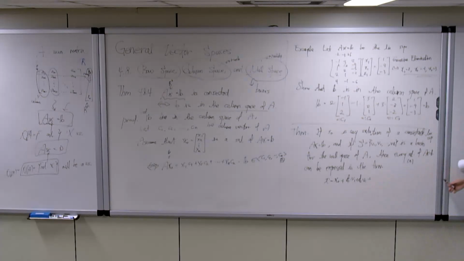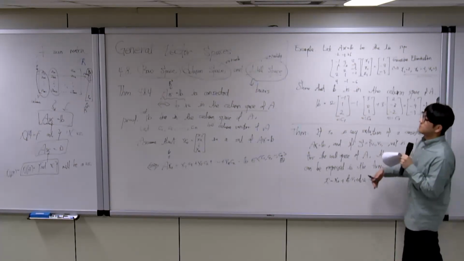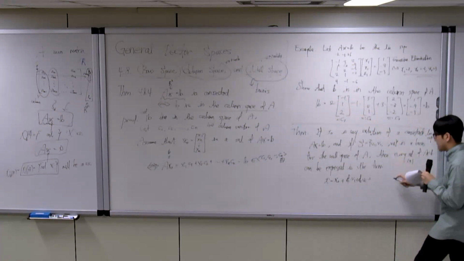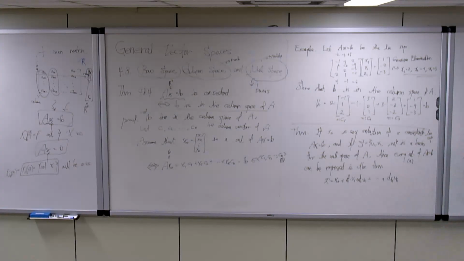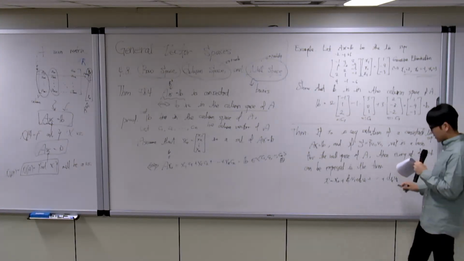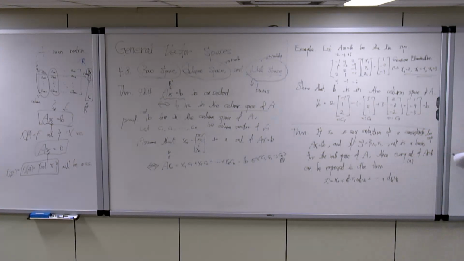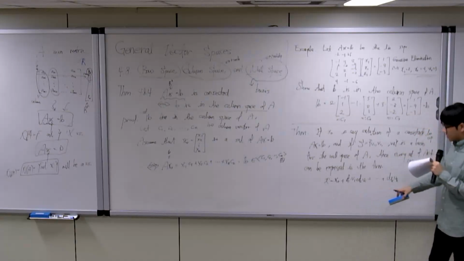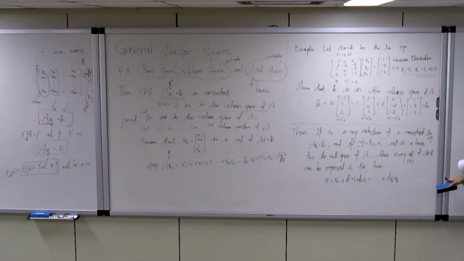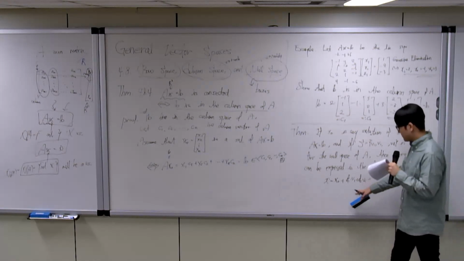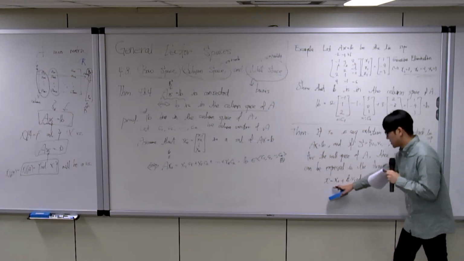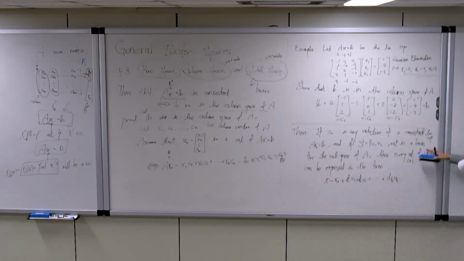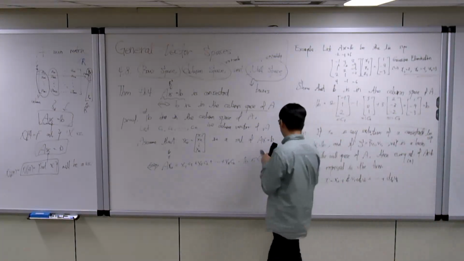Each di is in the base field R. And conversely, for all choices of scalars d1 to dk, if you bring this element x, then it will be a solution.